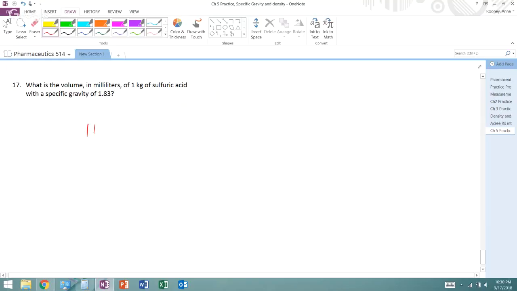So we convert this, and for every 1.83 grams there's 1 milliliter.